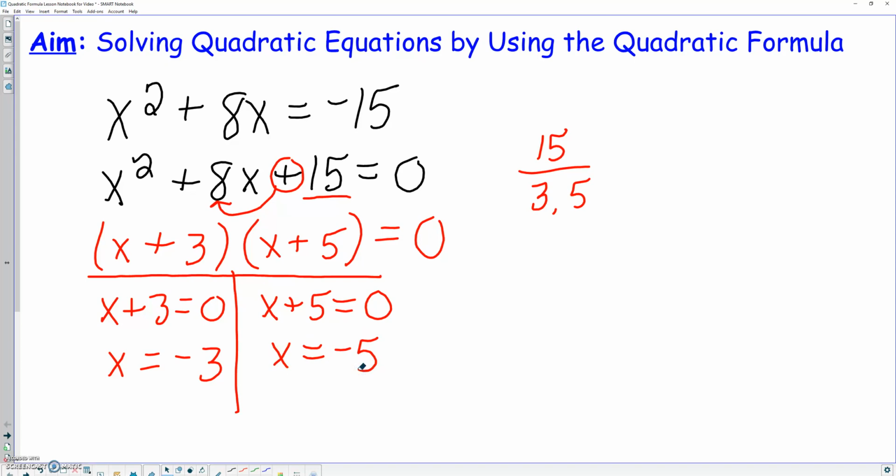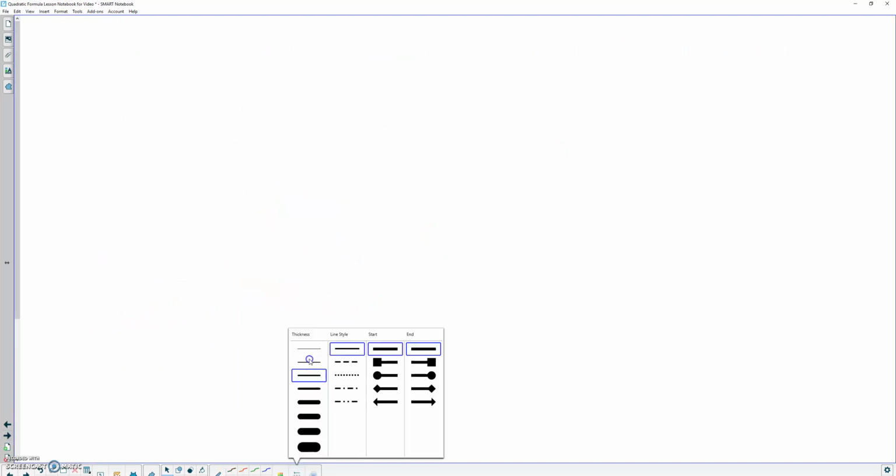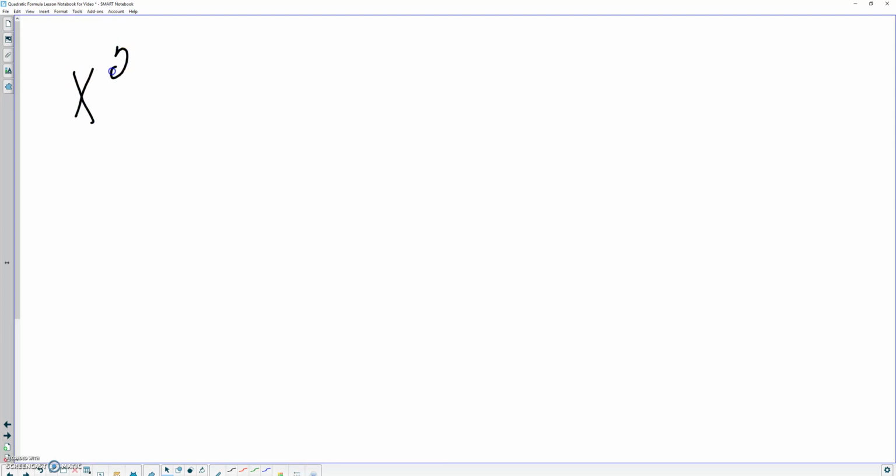When solving a quadratic equation, factoring is always going to be your most efficient method. All right, now let's consider another problem. What if we had the problem x squared plus 5x minus 12 equals 0?